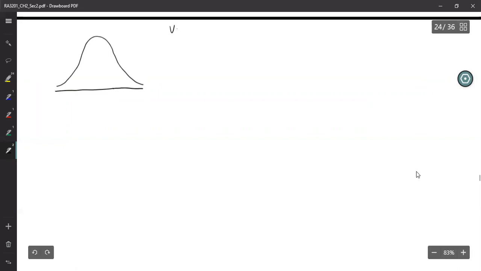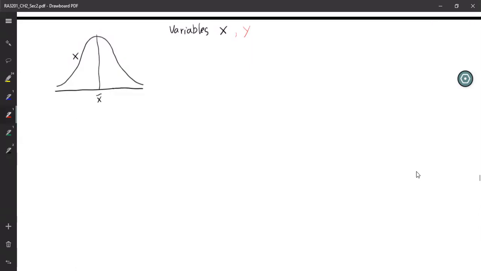Let's say variables X and Y. This is the distribution of X, here's the mean of X, x bar, and it has a certain standard deviation. Then when you draw Y, it has the same mean, but its distribution is like this.